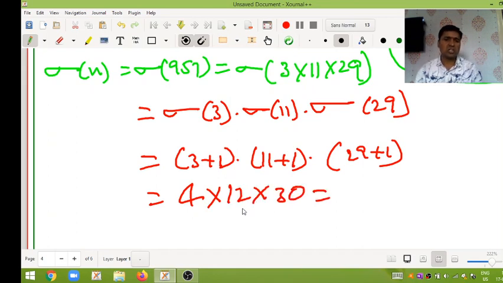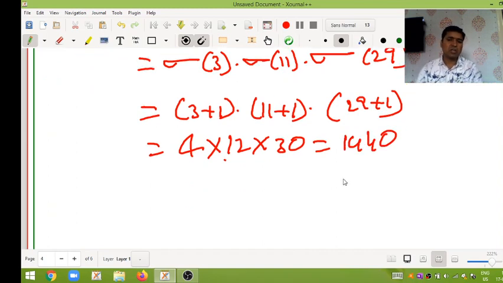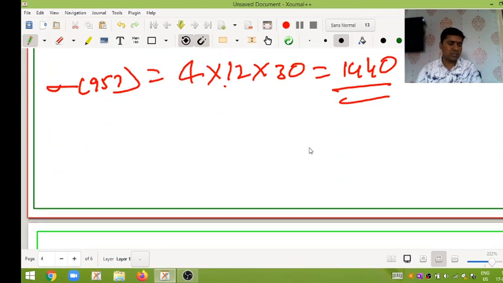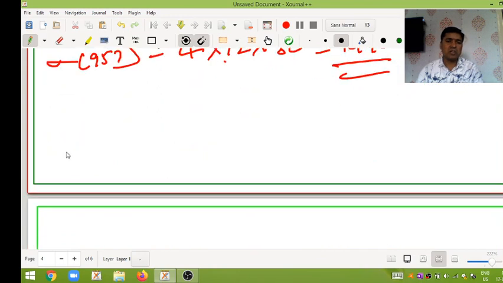So that is equal to 4 into 12 is 48, 48 into 30 is 1440. Okay, my dear students, this is the sigma of 957 value. Again, what do you want to prove? This one n value, again we want to prove n plus 1, which is equal to 958.